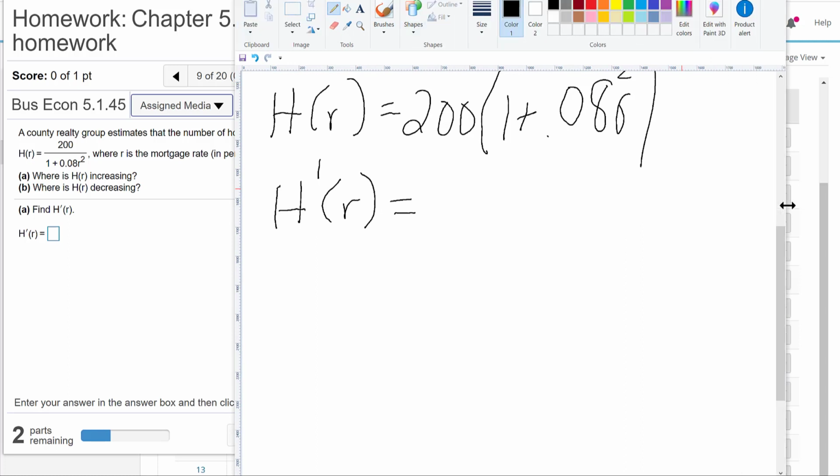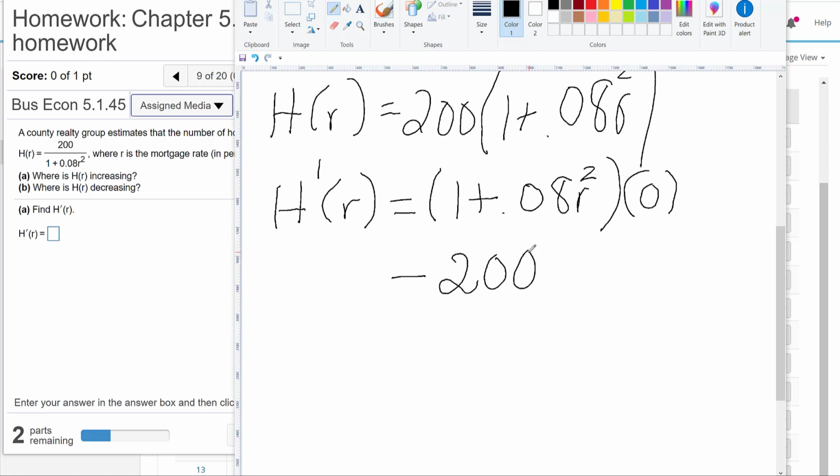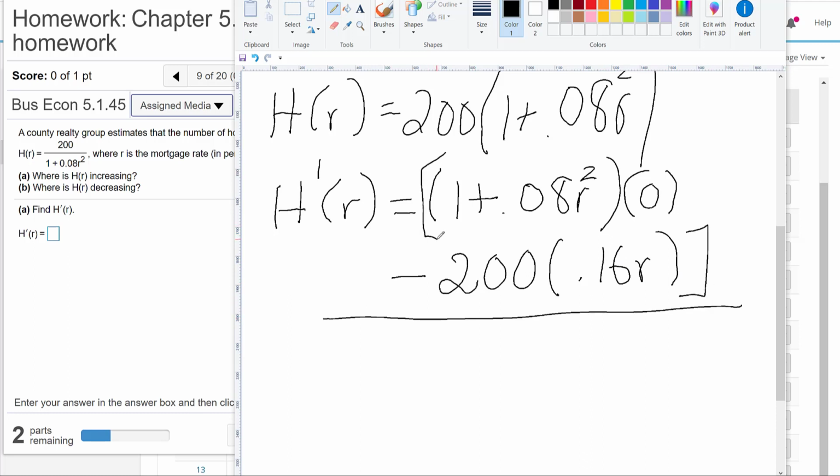So it's going to be the denominator, 1 plus 0.08 R squared, times the derivative of the numerator, 0, minus the numerator, so minus 200, and the derivative of the denominator, 0.16 R. All of that is to be divided by 1 plus 0.08 R to the second, raised to the second.